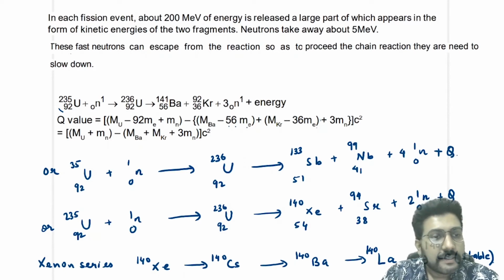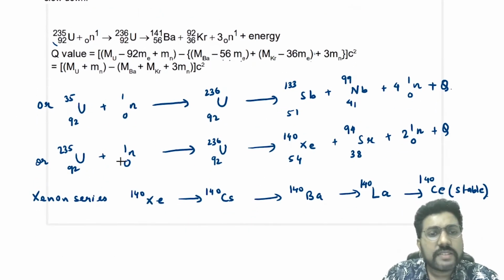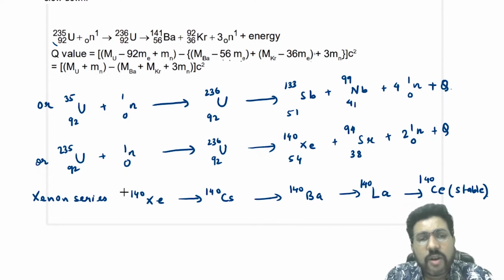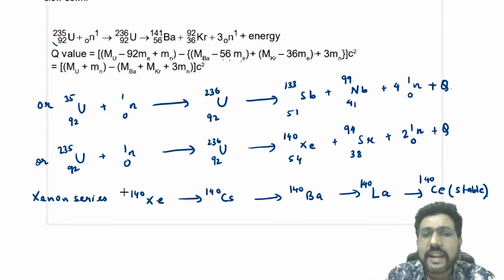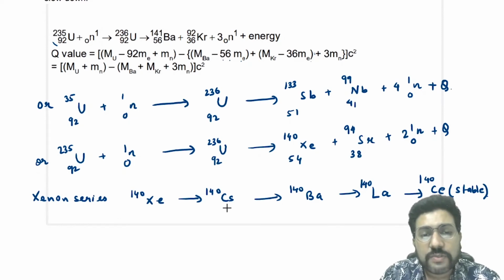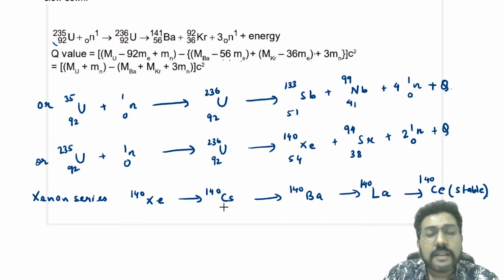Okay. Now, xenon series. Xenon series is a very important series where the xenon 140, which is a radioactive substance, decays by emitting beta minus particle, and it first converts to cesium 140. So you know that in a beta decay, the mass number does not change. Only the charge number or the atomic number increases by 1. Okay.